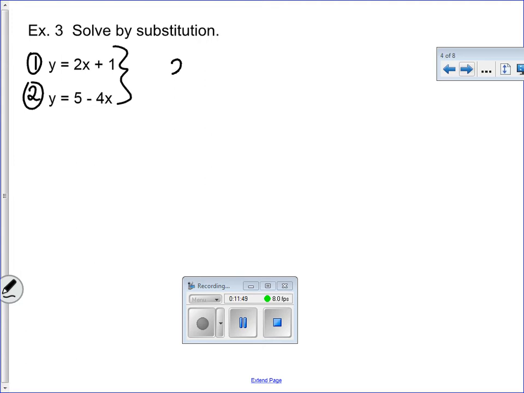So we say 2x plus 1 is equal to 5 minus 4x. Now, literally, you're just going to say sub 1 into 2. Right? Isn't y equals y really meaning 2x plus 1 is equal to 5 minus 4x? Can you solve for that? Go for it. Let's go.